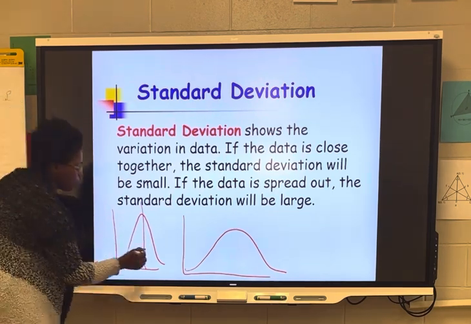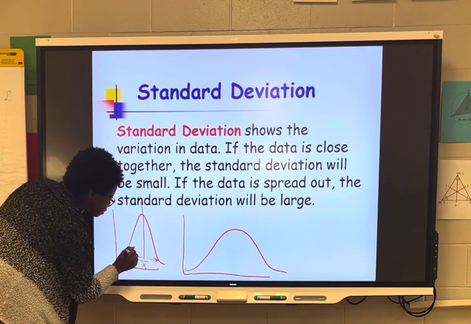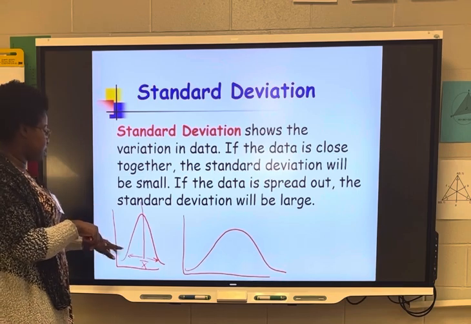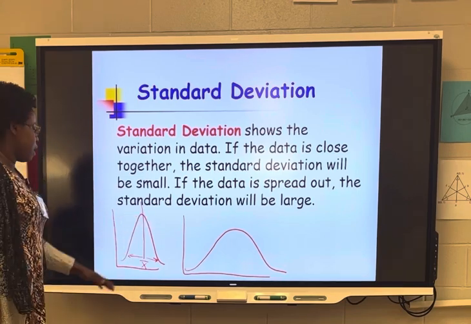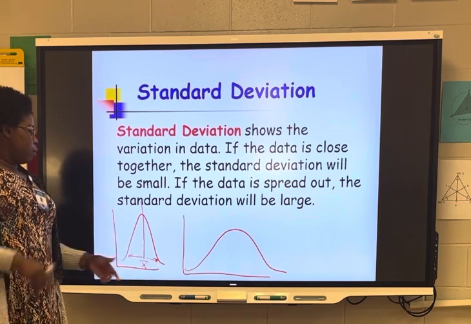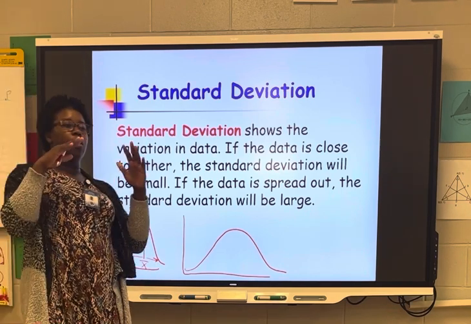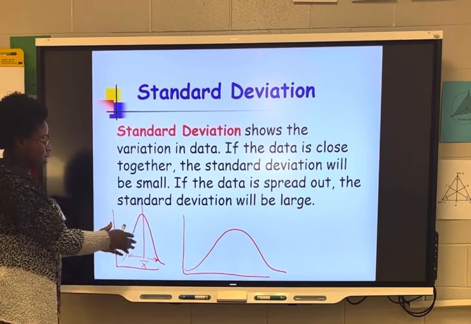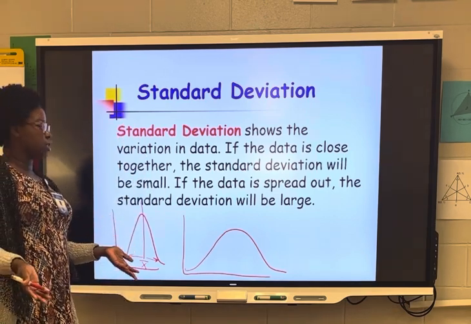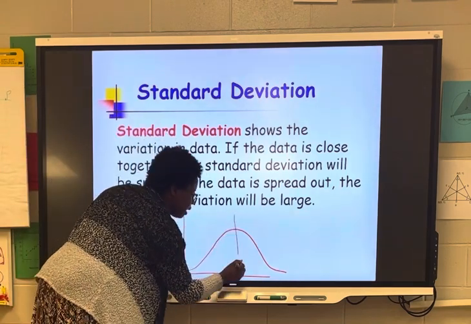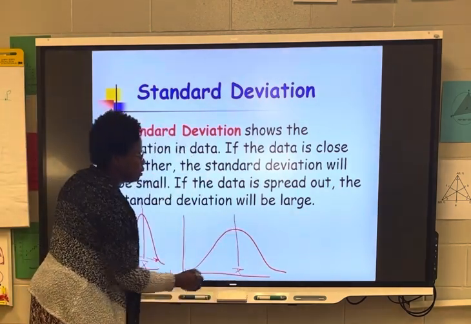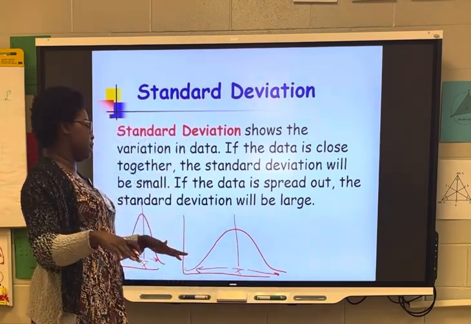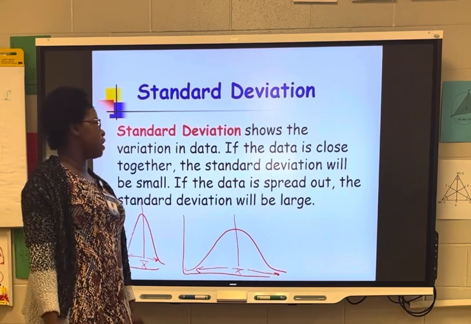If you draw an arrow from the center to the end of your bell curve, you will know how far it is based on how wide your arrows are. So the more squished in your bell curve is around the mean, the smaller your standard deviation is, and the more spread out or flattened your bell curve is, the larger your standard deviation is.